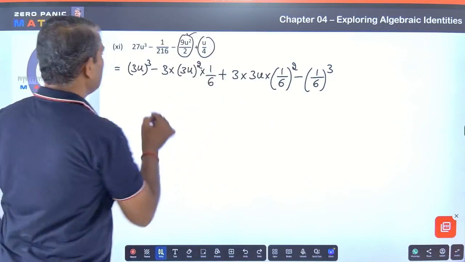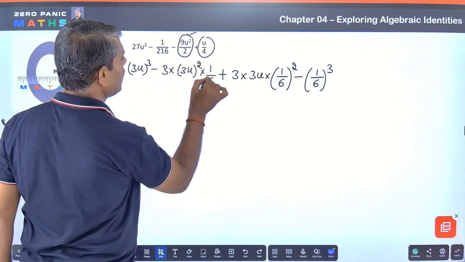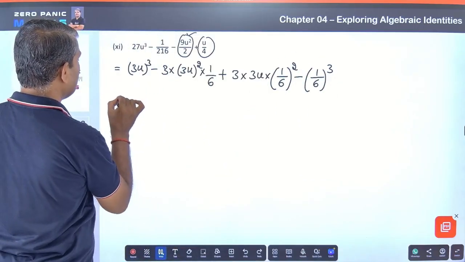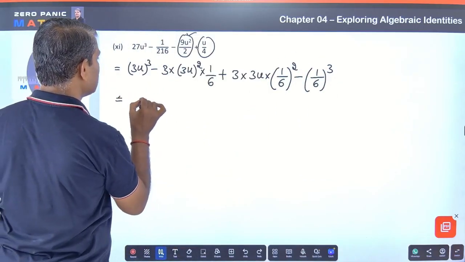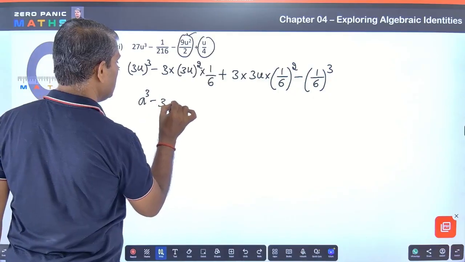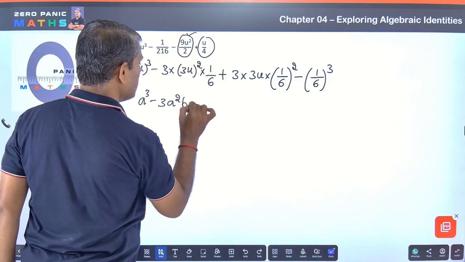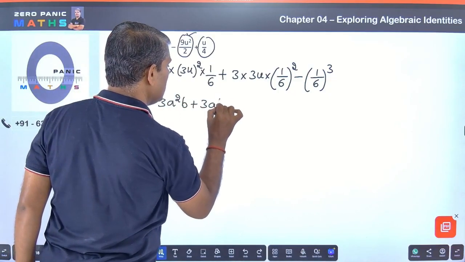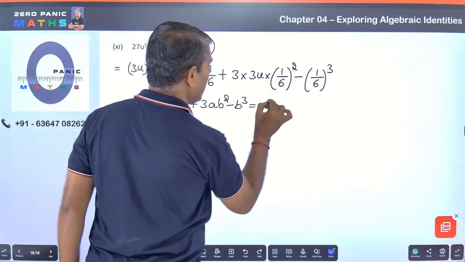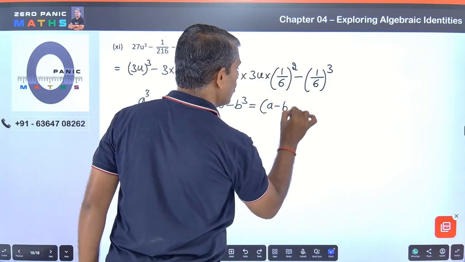Okay, so now we got a cube minus 3a square b plus 3ab square minus b cube, and here you can now write it as a cube minus 3a square b plus 3ab square minus b cube is equal to a minus b whole cube.